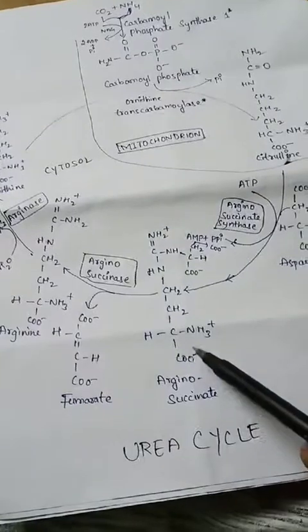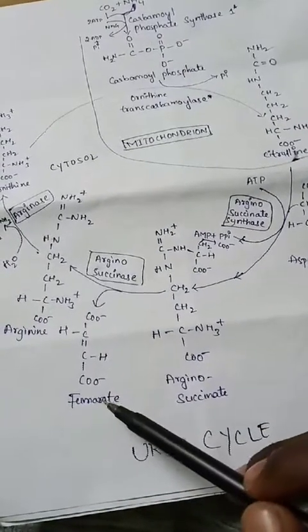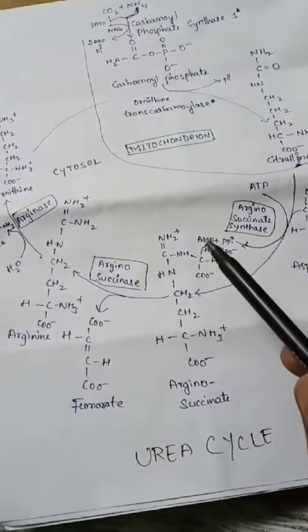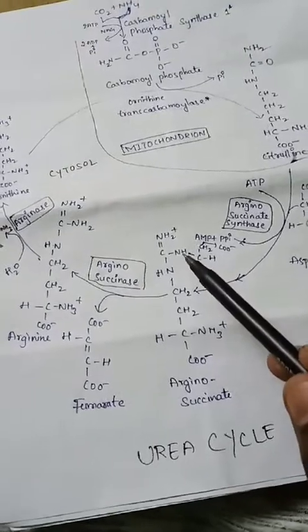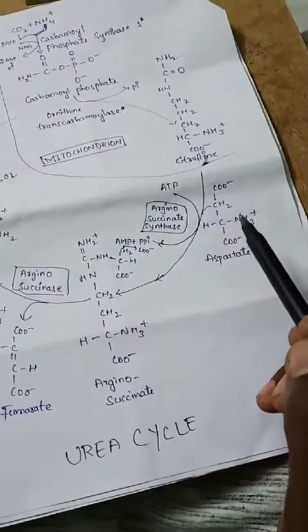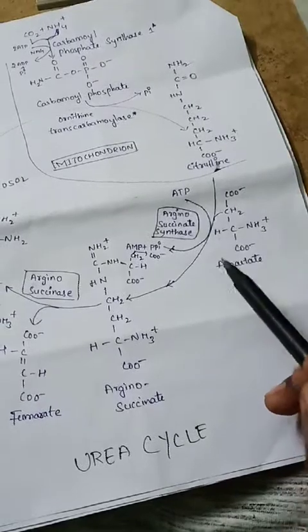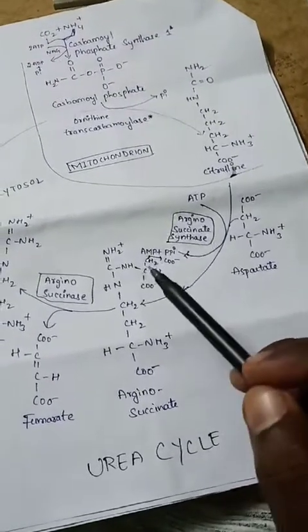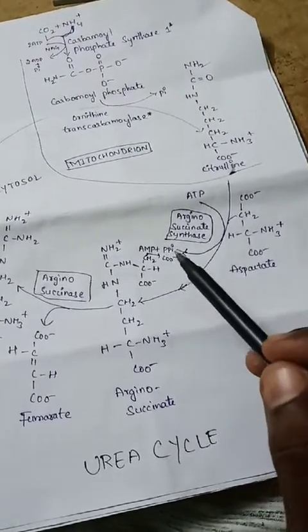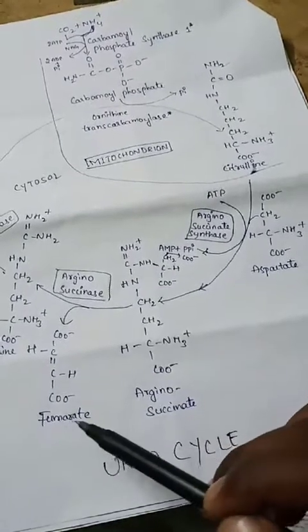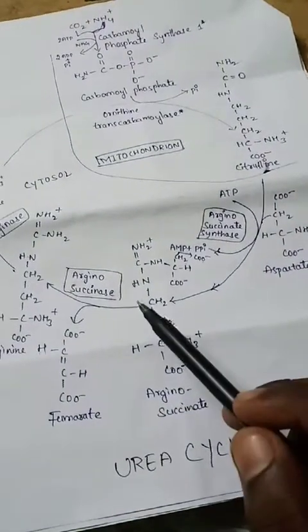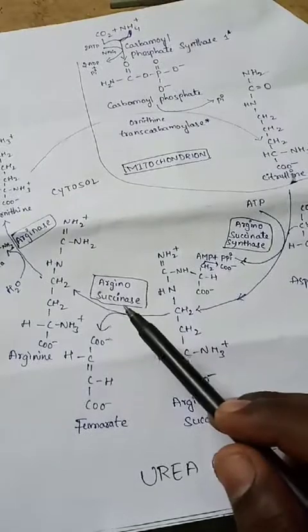The next step: the arginosuccinate eliminates fumarate. Fumarate means the aspartate part except NH; the remaining part is known as fumarate. The fumarate part is eliminated from the arginosuccinate in the presence of arginosuccinase enzyme.